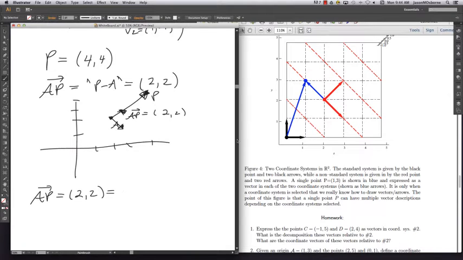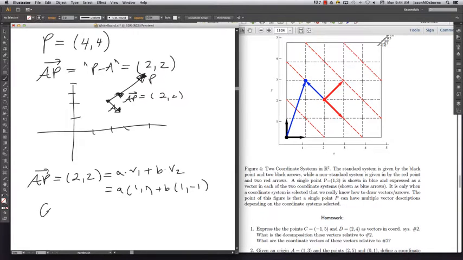The problem is that we can only use the two legs of our coordinate system, so we want to break this up into something times v1 plus something times v2. The vector v1 is (1, 1), and the vector v2 is (1, -1).